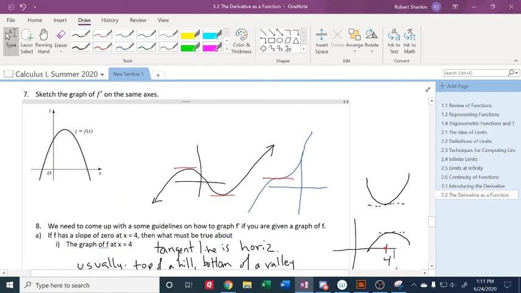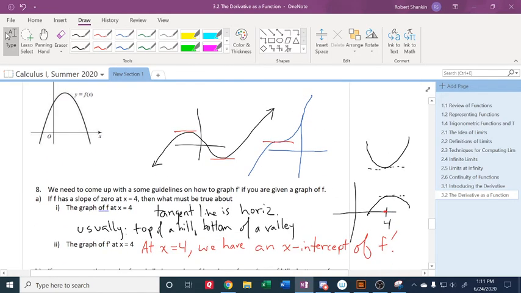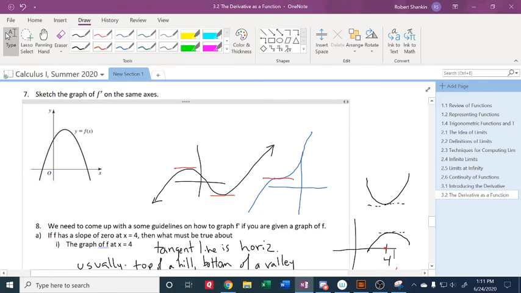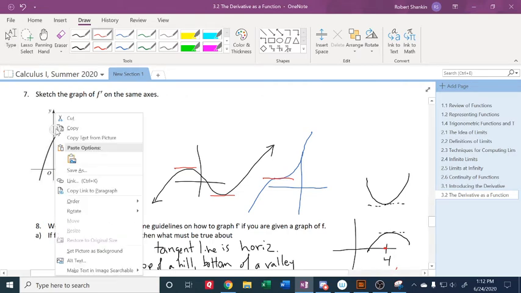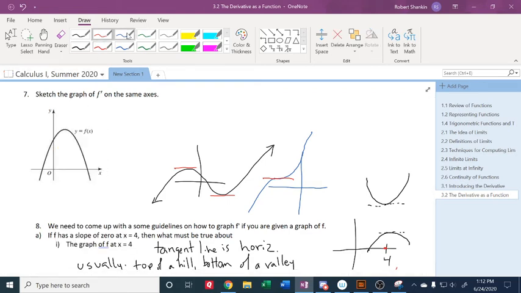So when we come up to this graph, let's look back to number 7. Sketch the graph of f prime. The first thing we look for is, where is the slope 0 for f? Well, that's at bottoms of valleys or tops of hills. This has a hill, and we have a horizontal tangent line right there.